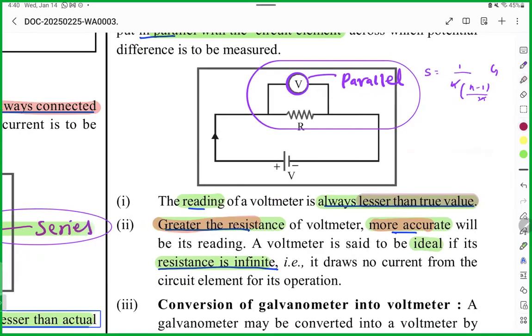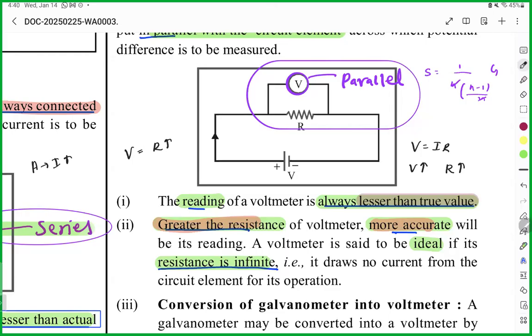You want to calculate potential, and potential is I into R. In this case, if you increase the R value, your voltage value will be more, and if the voltage value is more, then it is better. For an ammeter, you want maximum current. For a voltmeter, you want maximum resistance. More resistance, more voltage. Good.